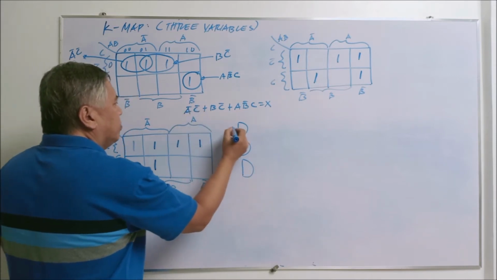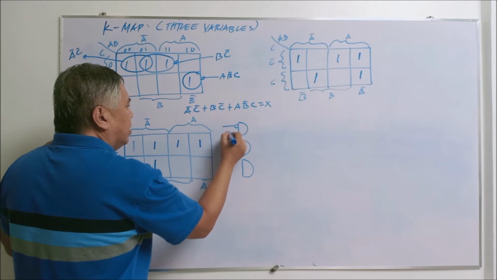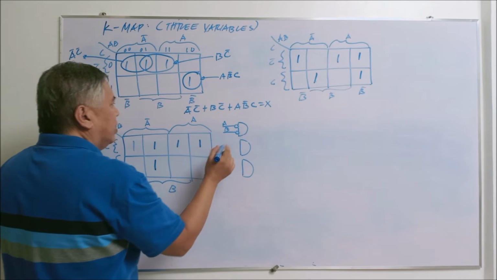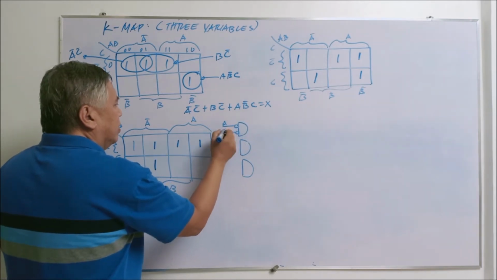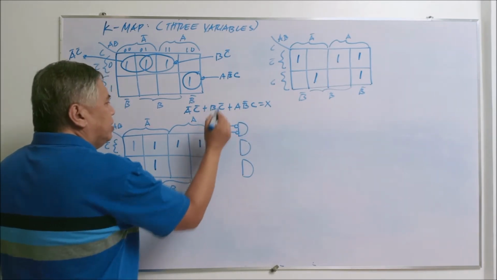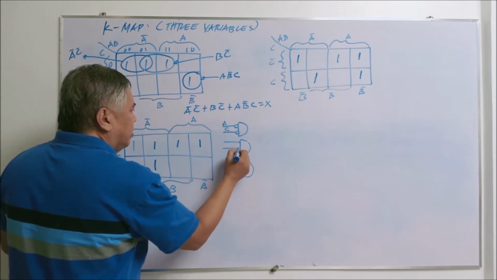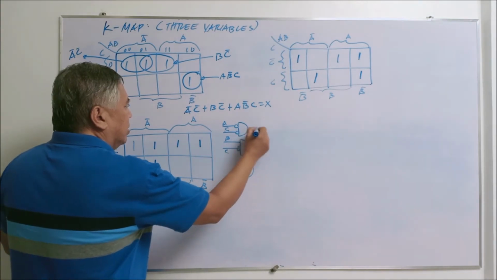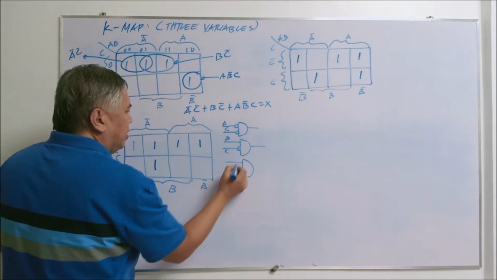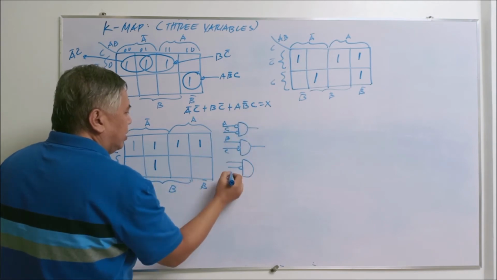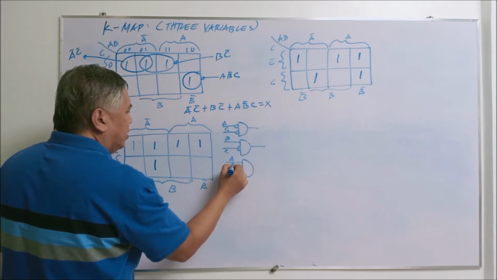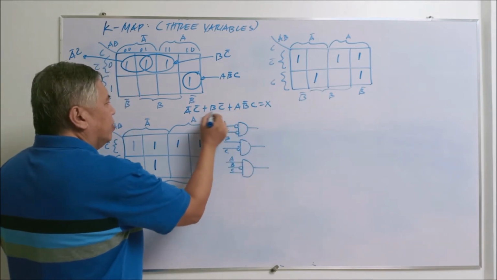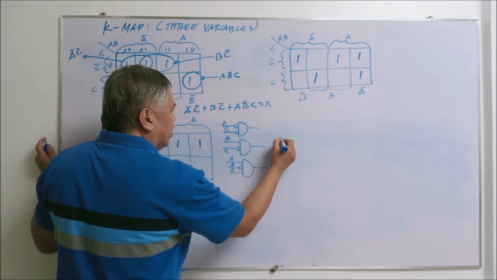So you have A bar, C bar, then you have B, C bar, and then A, B bar, C. All of these AND gates are being ORed together, so you draw an OR gate.